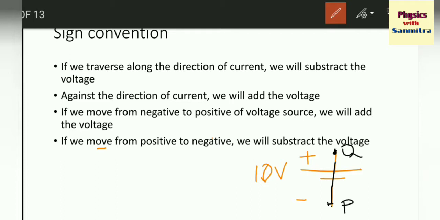So from P to Q, I am facing the battery from minus to plus, so there is an increment of 10 volt. That is why we add the voltage.